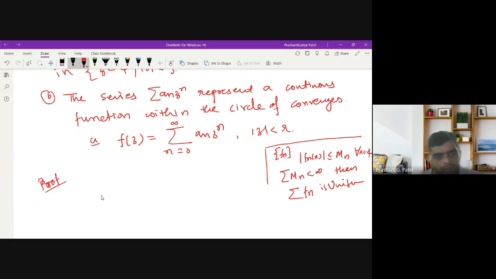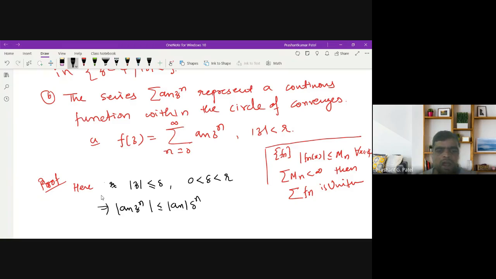Now here, what is given is R is the radius of convergence. So therefore, mod z is less than or equal to delta for all delta which is less than R. We can say that mod of a_n z raised to n is less than or equal to mod of a_n delta raised to n.